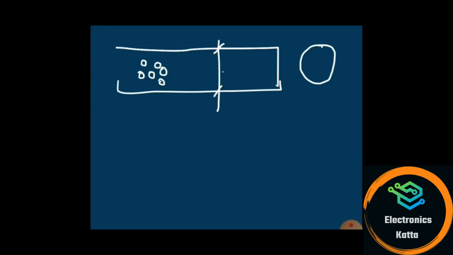Let's take one reference point in this copper wire, A at A dash, that is a cross section of this copper wire, and let's assume that the amount of charge flowing through this copper wire is 1 coulomb. If 1 coulomb of charge is passing through this reference point in 1 second, then we can say that the current flowing through this copper wire is 1 coulomb per second, or 1 ampere.